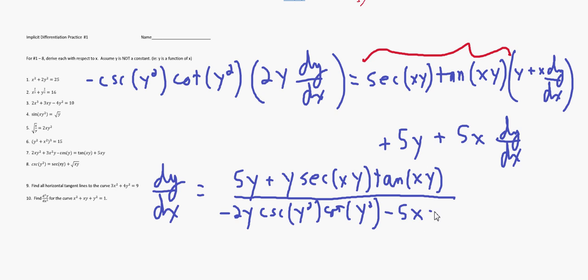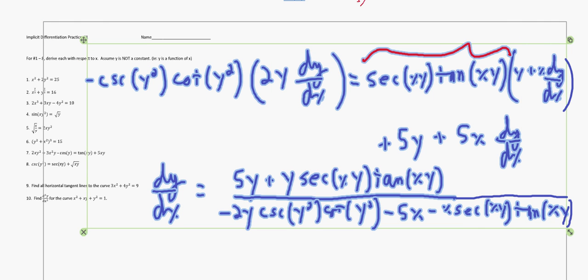And then we're also going to have negative x secant xy tangent xy. If you don't like this, again, you can simplify it all by yourself if you want. Move everything over, factor this all out, or expand it all out, and you're going to get the same answer. Okay. That was 8. Number 9.